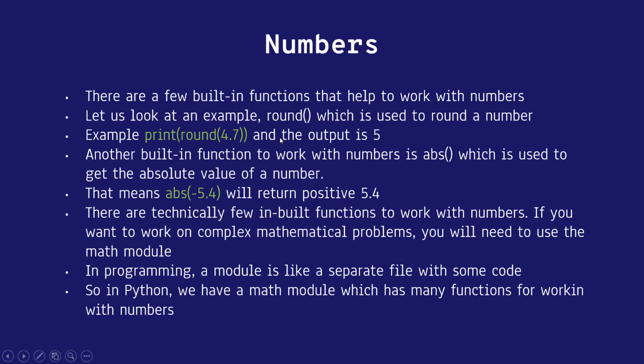There are a few built-in functions that help to work with numbers. Let us look at an example. The first one is round, which is a built-in function used to round a number. For example, if you print round 4.7, you will get 5. Let's just try it together.